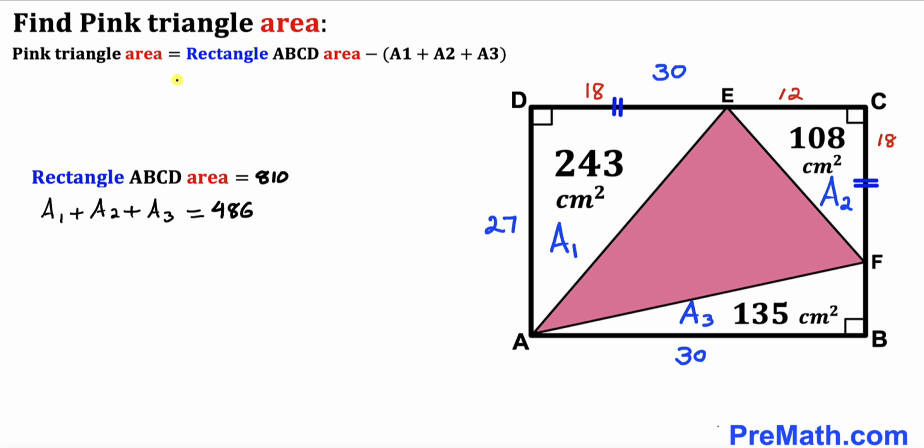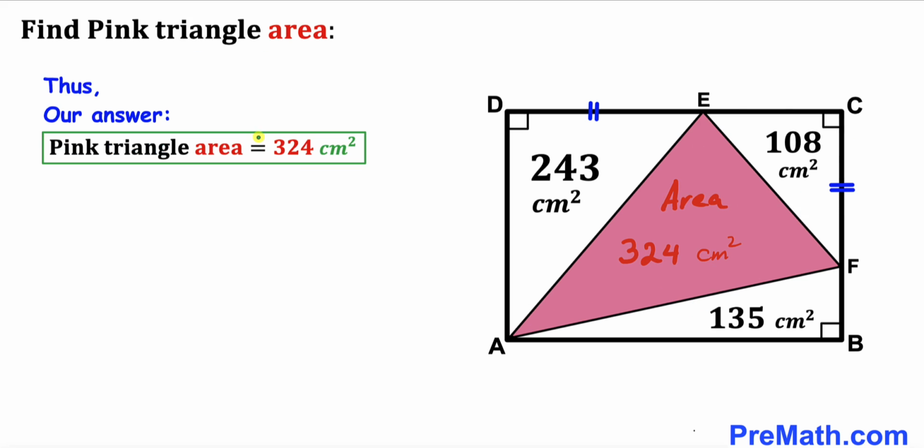So therefore this pink triangle area is going to be 810 minus 486, and if we subtract, that is going to give us 324. So thus the area of this big triangle turns out to be 324 centimeters square.